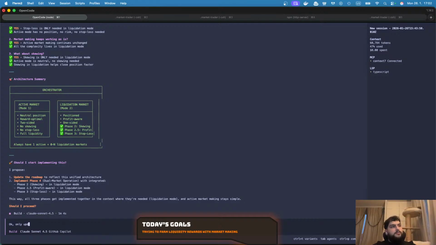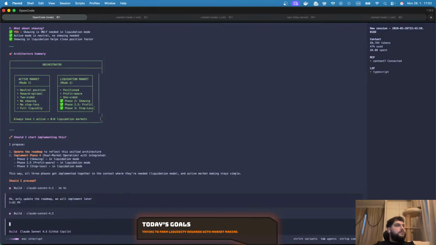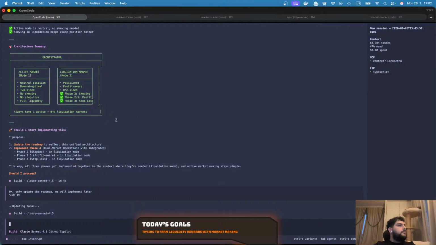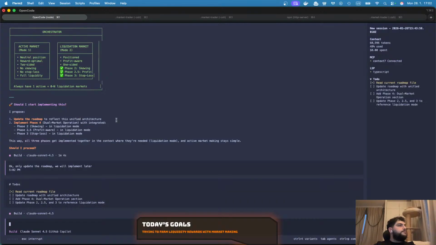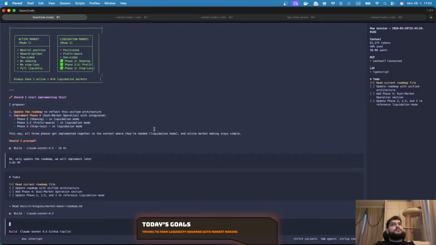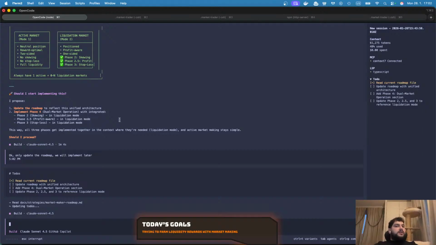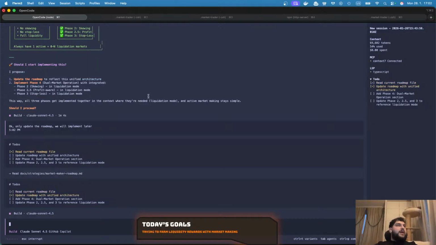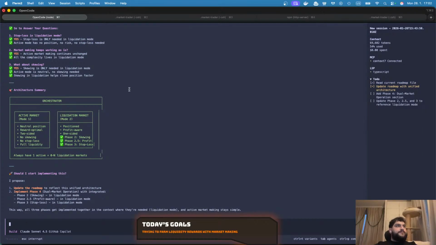Okay, only update the roadmap, we will implement later. Yeah, so basically we are just going to expand our orchestrator.